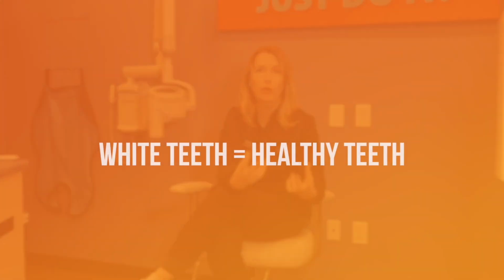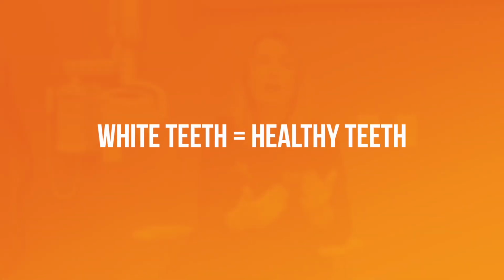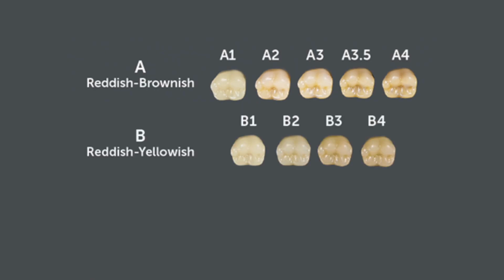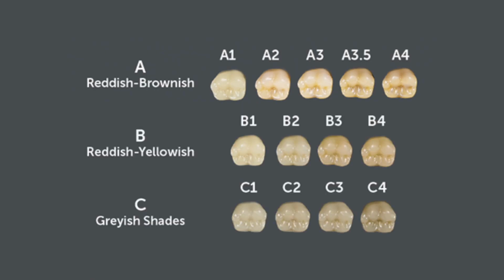Another common misunderstanding is that white teeth are a sign of health. The teeth are healthy if they're white. Well, we all have a different amount of pigment in the teeth. There are different shades of white. It can be A shade, B shade, or C shade. It depends on your heritage, where you're from.